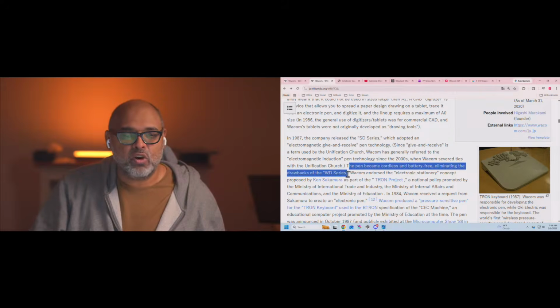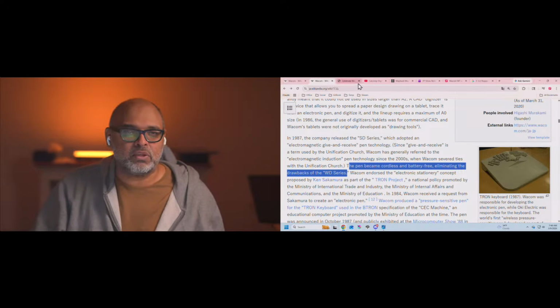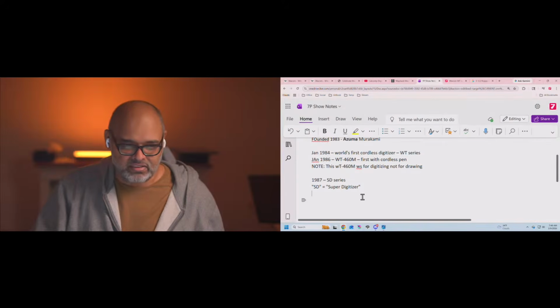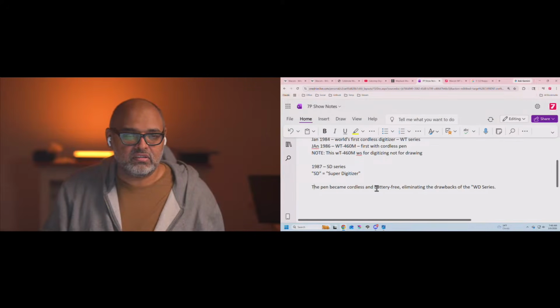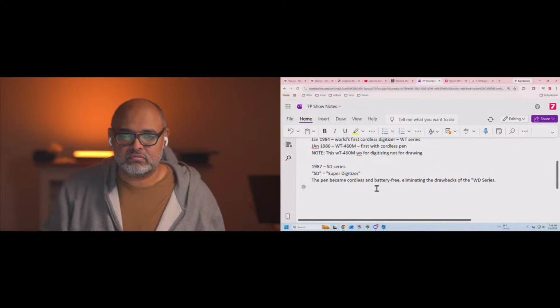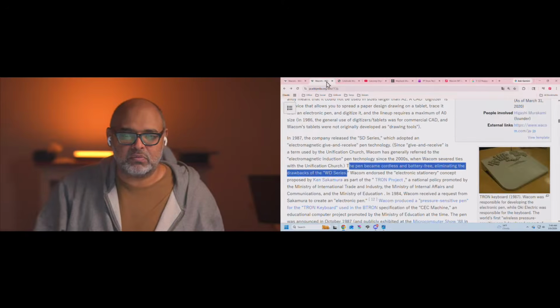So eliminating the drawbacks of the, I think they mean WT series, not WD. I think that may be a mistake in the Wikipedia article. So I'm going to copy this text and paste it in here. Okay. So I think there's an error in the Japanese Wikipedia article.